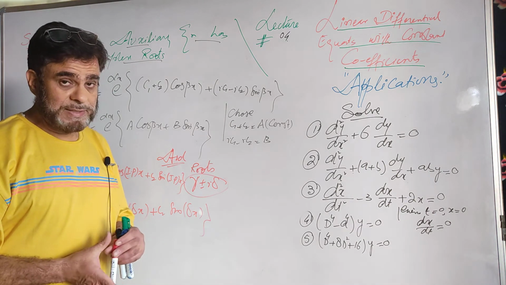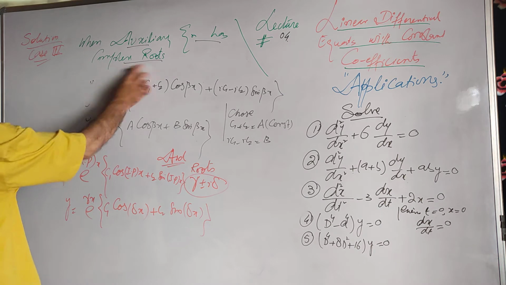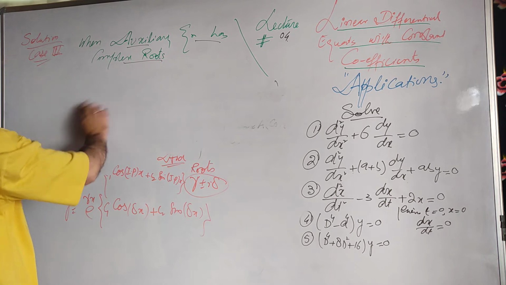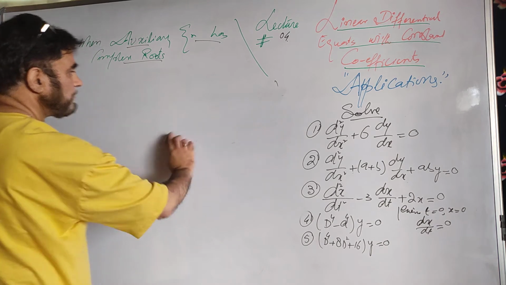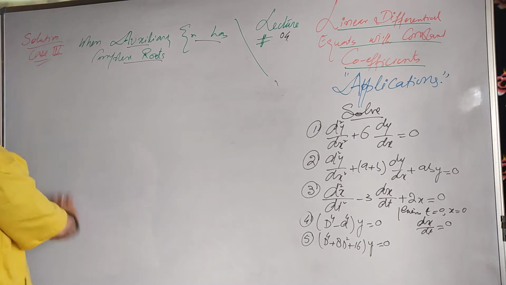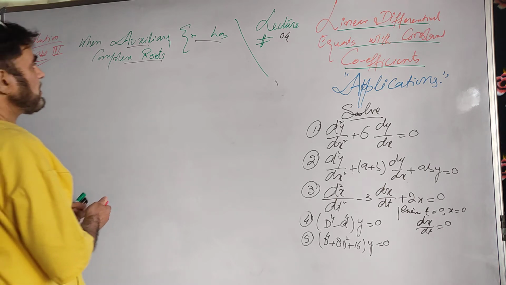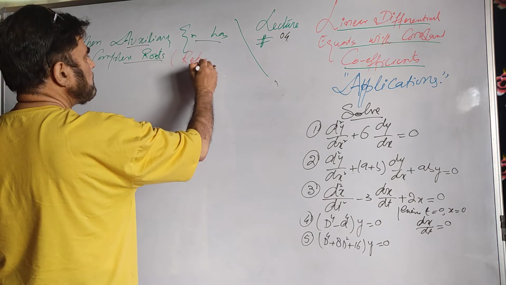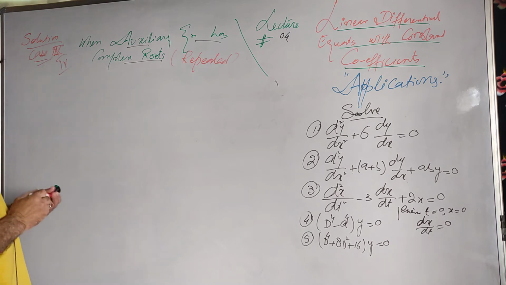Now in certain cases you may get repeated complex roots. How do you proceed in that case? We will apply the same thing, but I will not derive it because we have already done the case for repeated roots. When the auxiliary equation has complex roots that are repeated, I may name this the fourth case.